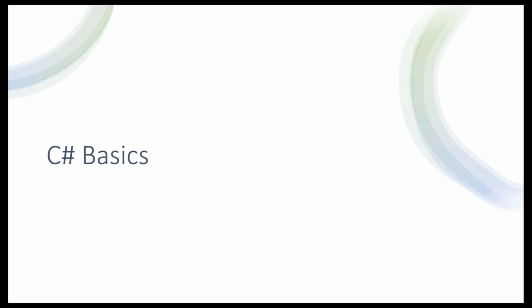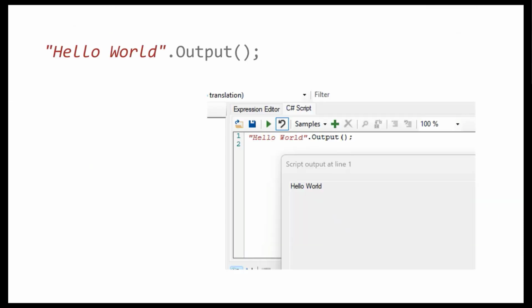So the first thing we will need is the output. This is how you can debug your code, how you can open a prompt window and show something in it. You just take the string you want to show, and put dot Output on the end of it.